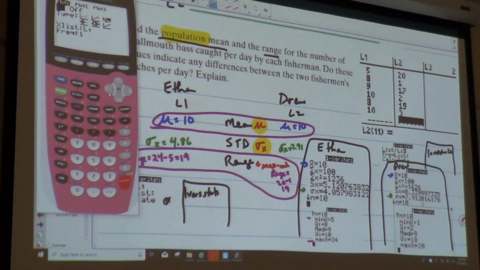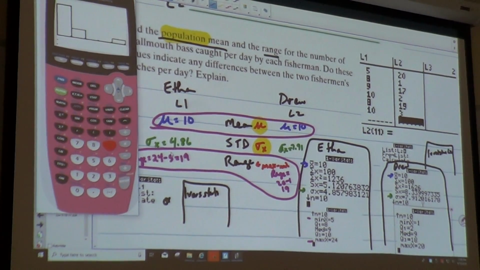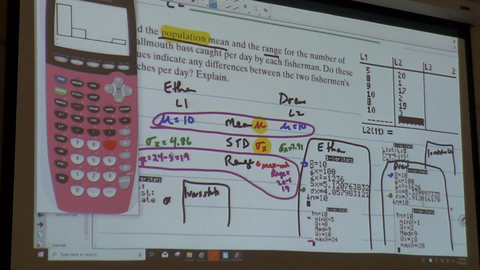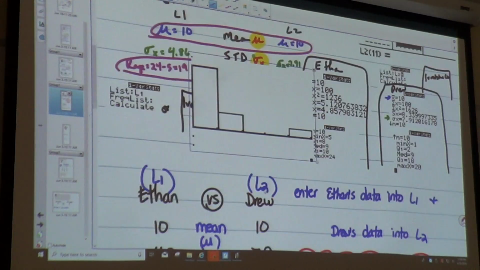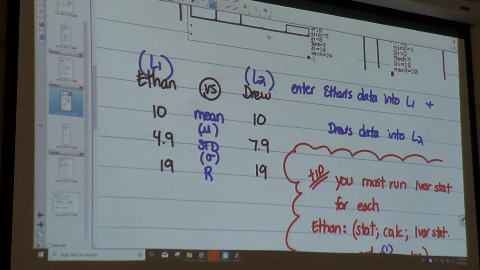If I draw a histogram, I'm just going to do zoom 9 to see what it looks like. This one says a dot plot. Hold on.